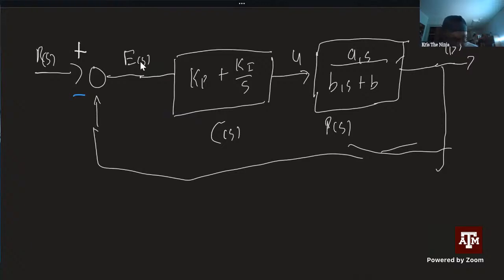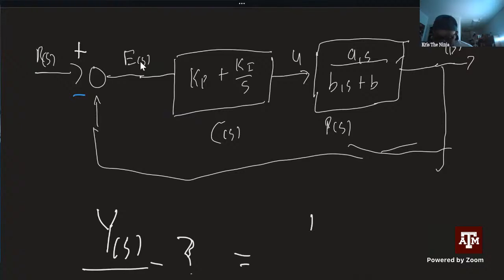So the way we can get that is we want Y(s) over R(s). But what does that equal? Well, if you remember from last time, I told you that you can get Y(s) over R(s) equals PC over 1 plus PC.